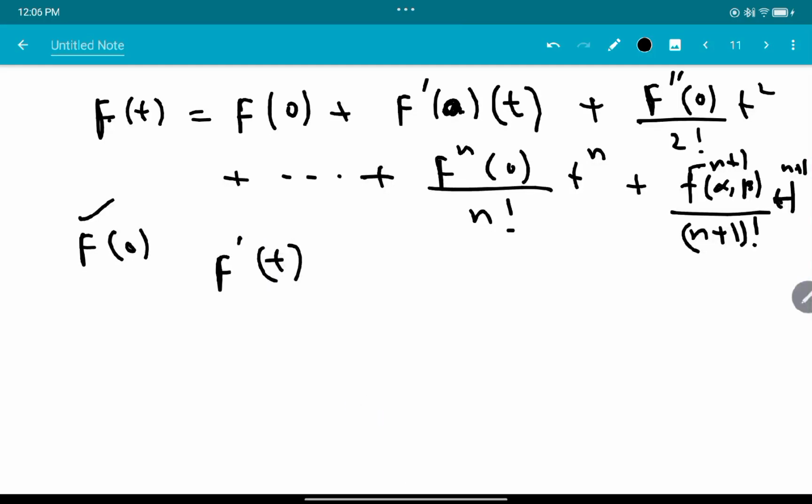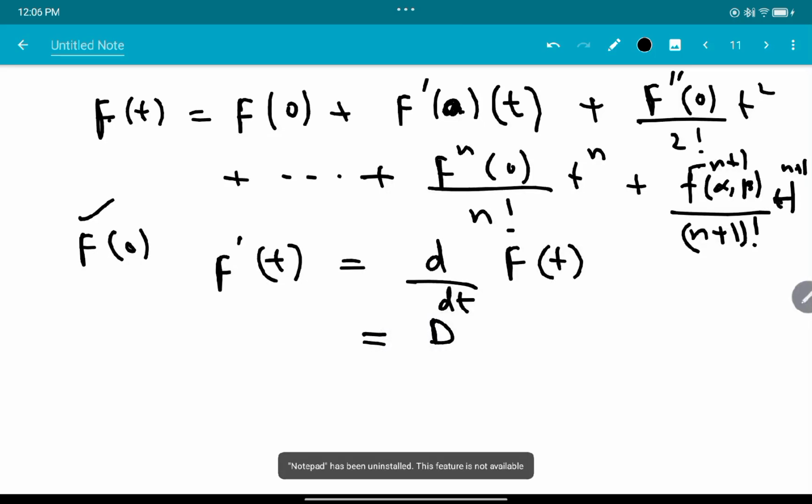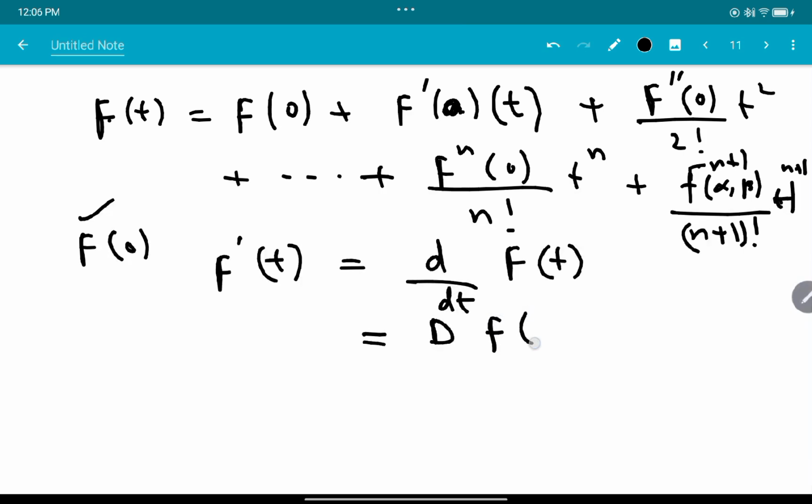But finding f dash t means d by dt of f(t). Let's denote this d by dt by a capital D, the differential operator. So f(t), Df(t).